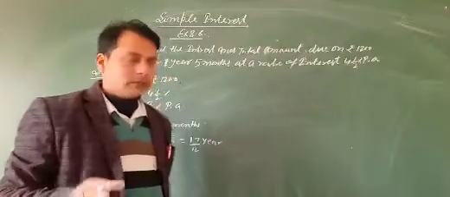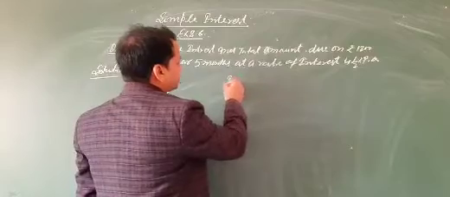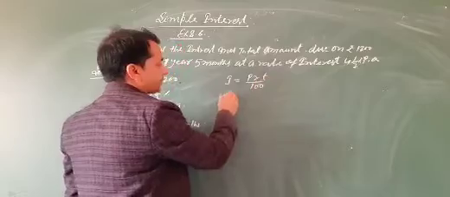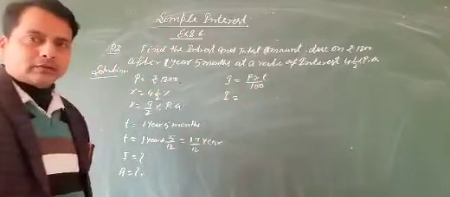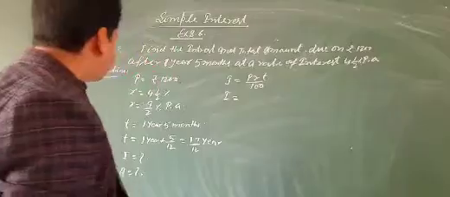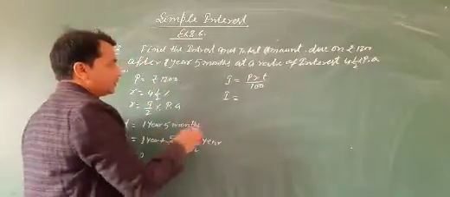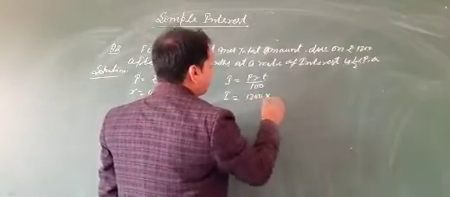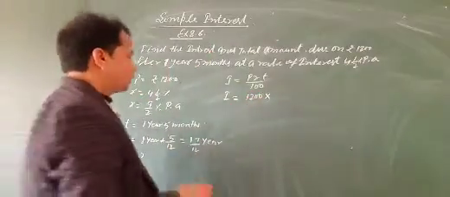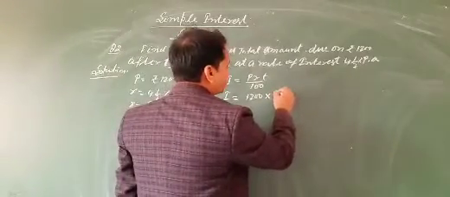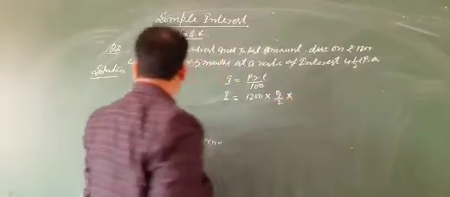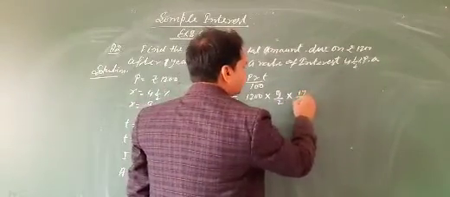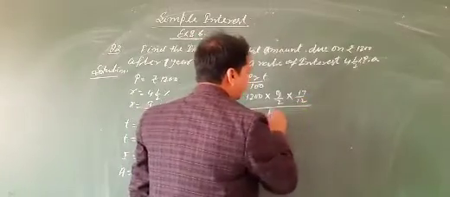We know that I equal to PRT by 100. The principal is given here, 1200. Put the value of P equal to 1200 into the rate of interest 9 by 2, into the time 17 by 12, by 100.